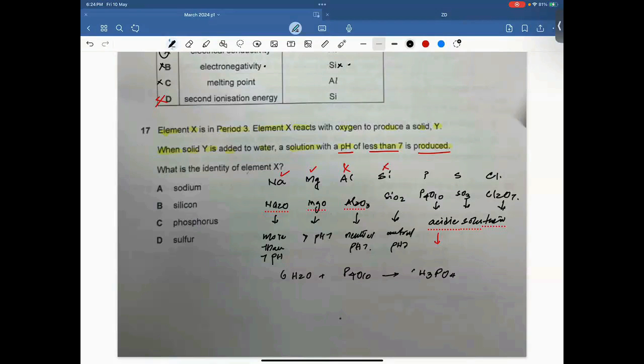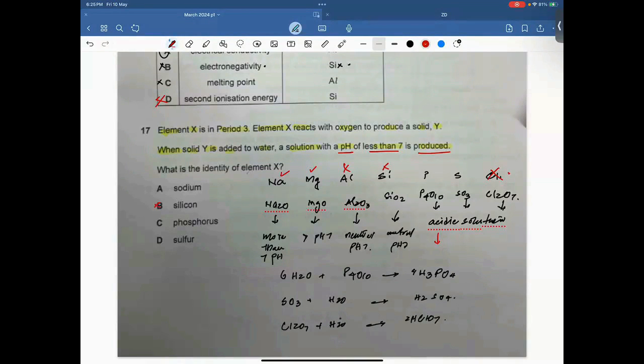When SO3 is treated with water, it will turn to H2SO4. And when Cl2O7 is placed in water, obviously HClO4 is formed. Since chlorine is not in the options, we can ignore it.